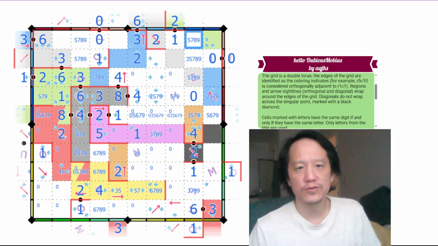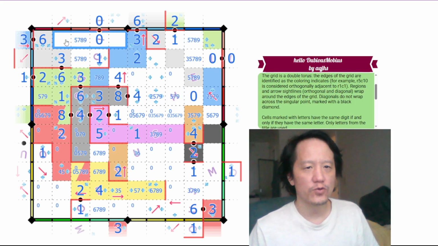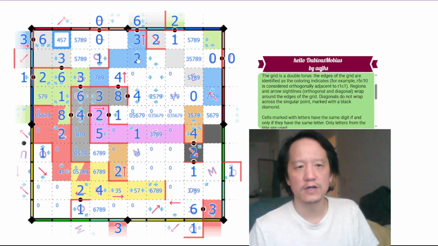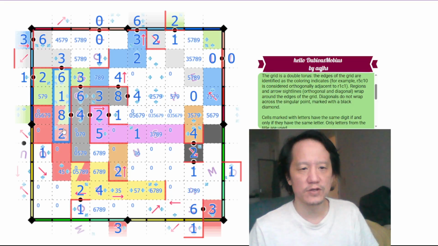Right, so this sees 2. This can't be 3. The remaining digits in row 1 have to be 4, 5, 7, 8, 9. This can't be 8 because of 8 in the column. It can't be 4 and 8 because of 4 and 8 in the column. This is 4, 5, 7, 8, 9.